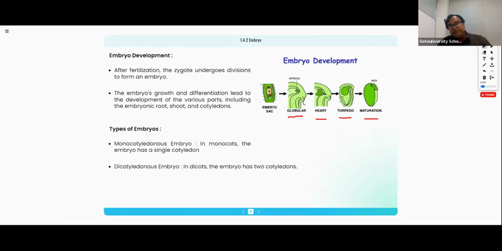The same type of development I should not use for gymnosperms, algae, or ferns. We should have control over our tongue, how to narrate, where to narrate, for a specific question. If you write irrelevant answers, they will give irrelevant marks. So you should be very careful with all these things, right?